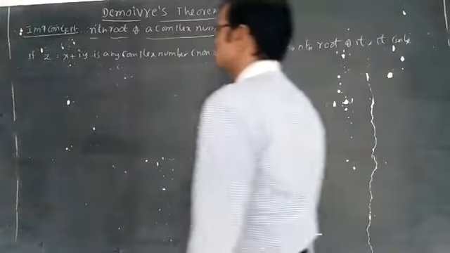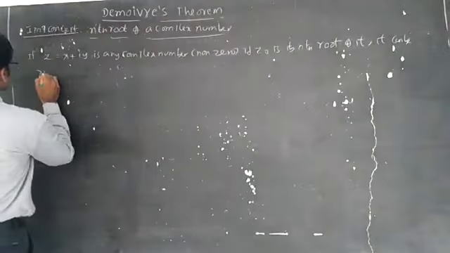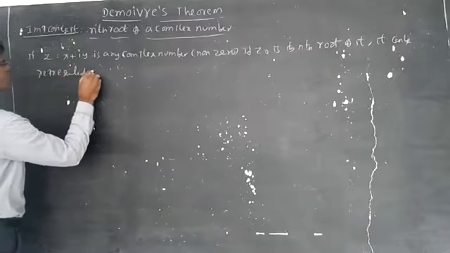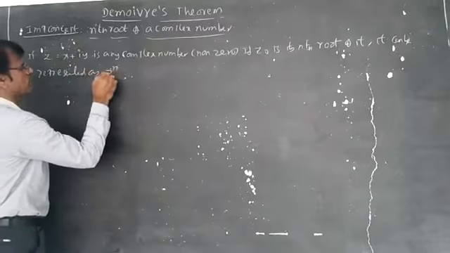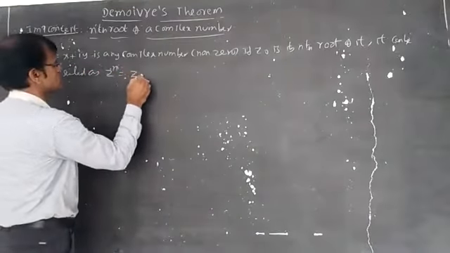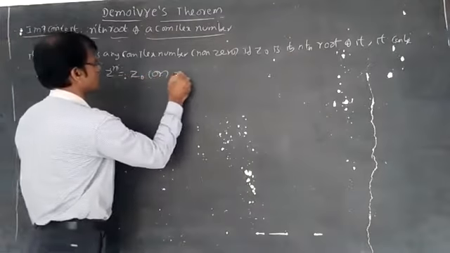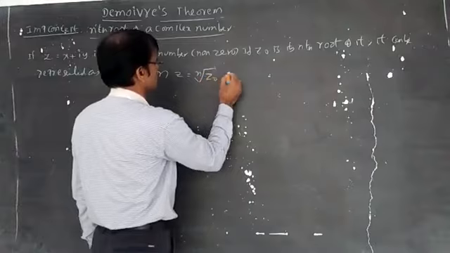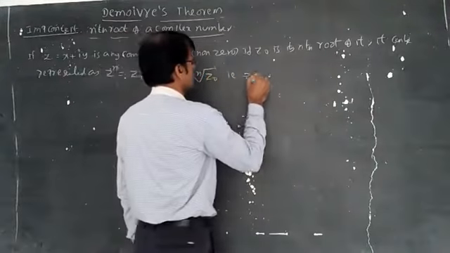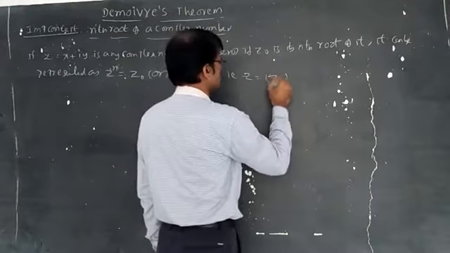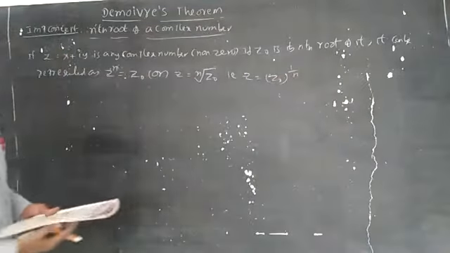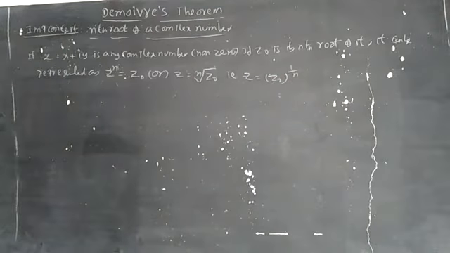It can be represented as z power n is equal to z naught, or z is equal to nth root of z naught, that is z is equal to z naught power 1 by n. That's all.